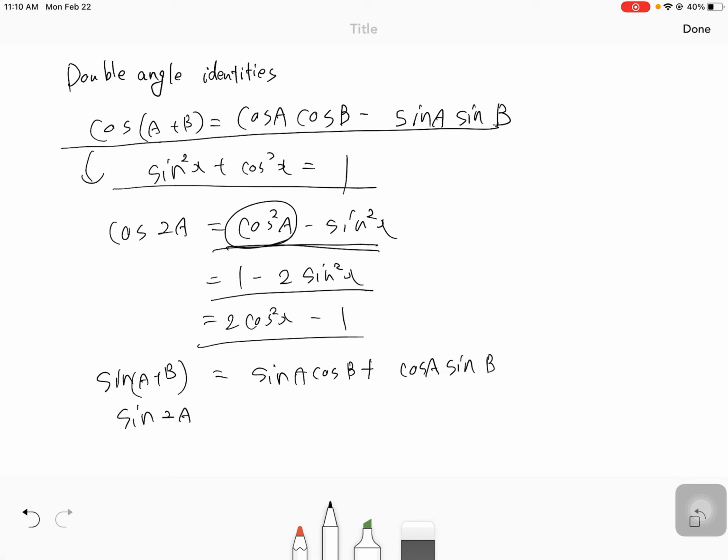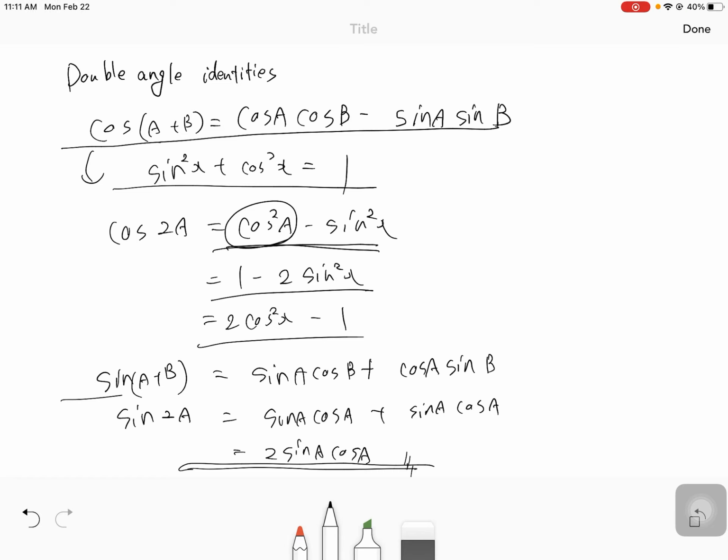So if it's sine 2a, it's going to be sine a times cosine a plus sine a times cosine a, which is 2 sine a cosine a. This is so useful too, so it's better to memorize this one as well. But again, you don't need to memorize it. You can just make this equation from the sum and difference identities. That's all.